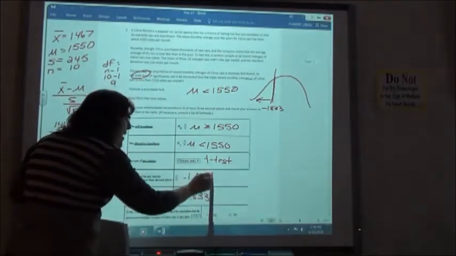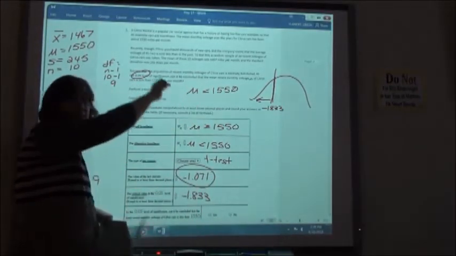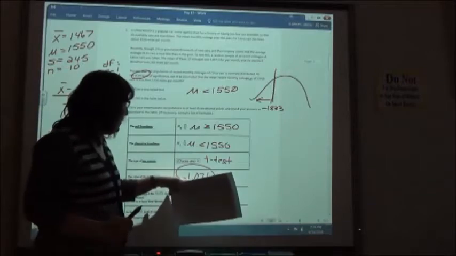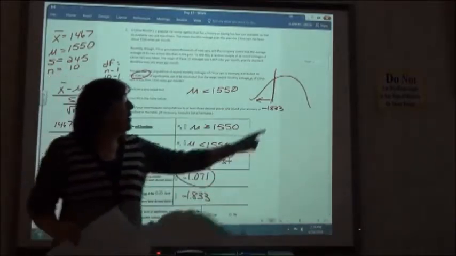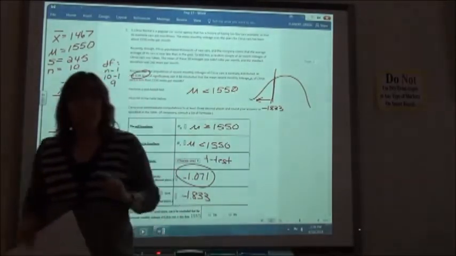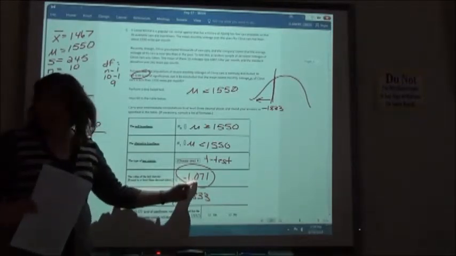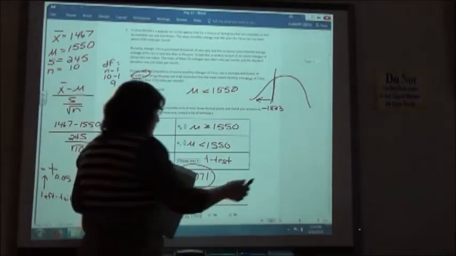You're trying to decide, is this number in that section or not in that section? Where would negative 1.071 be? Would it be over here or over here? Is it bigger or smaller than negative 1.833, in other words? It's bigger, right? Since this is negative?